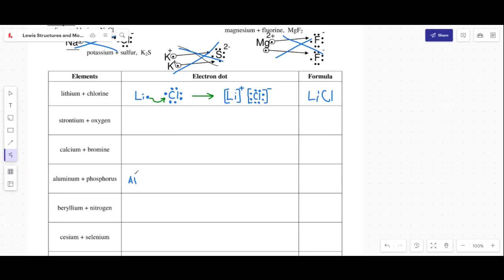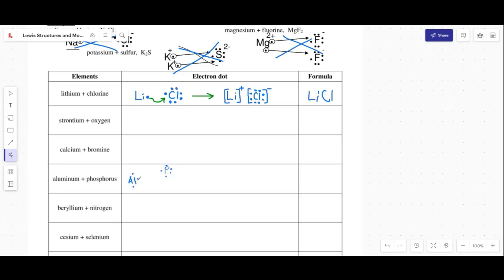And phosphorus, how many valence electrons does phosphorus have? Yep, phosphorus is 5. So I'll go ahead and draw phosphorus here. 1, 2, 3, 4, 5.